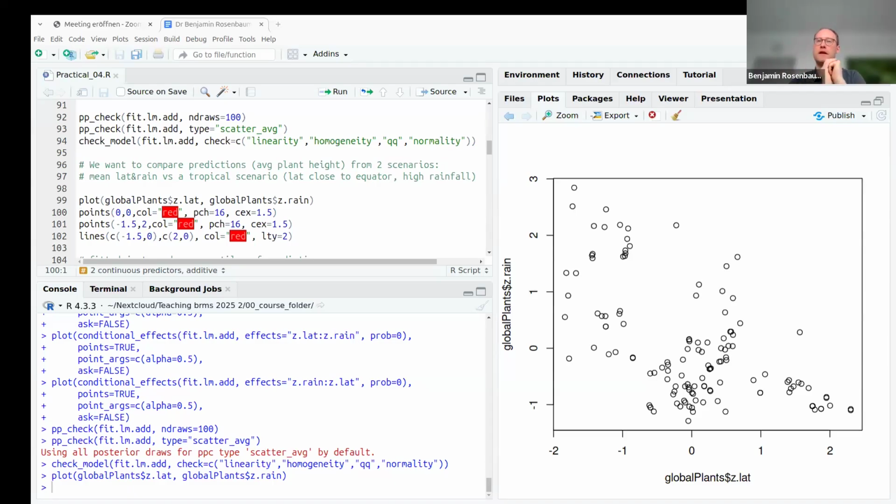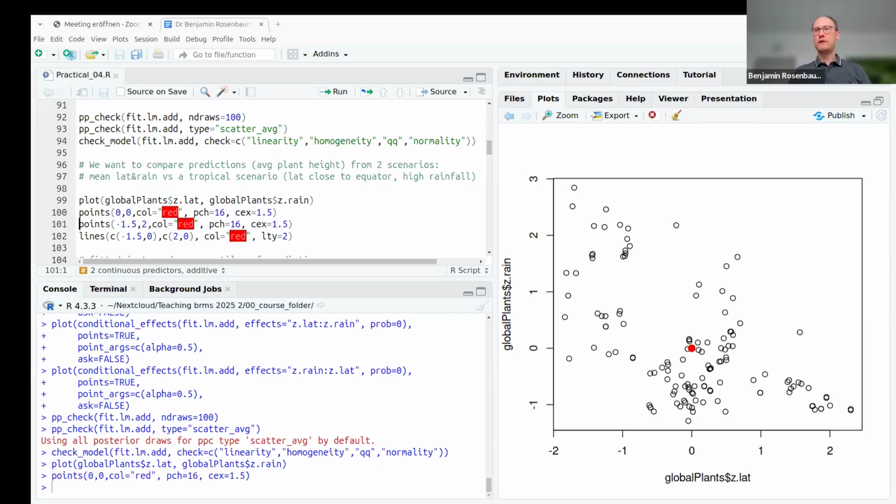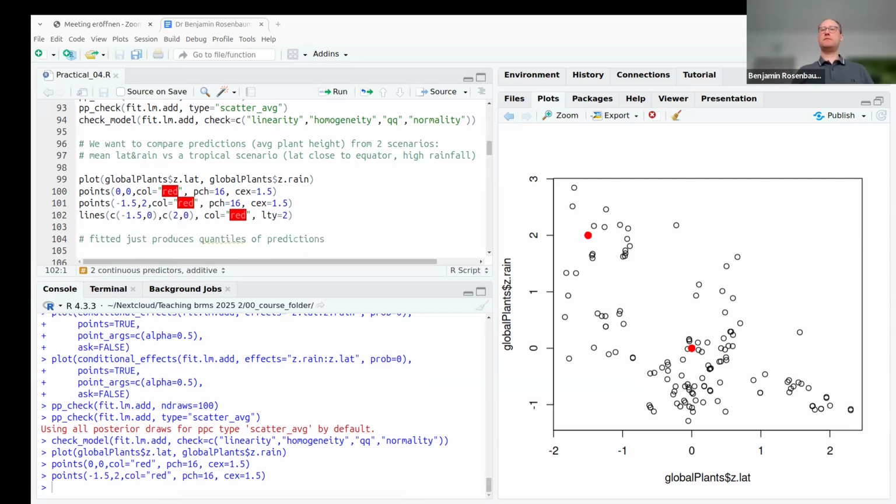And if your predictors are correlated, you could, for instance, compare different typical locations here. For instance, this is the mean, so the mean latitude and the mean rainfall. And the other would be maybe a tropical scenario where you're close to the equator.